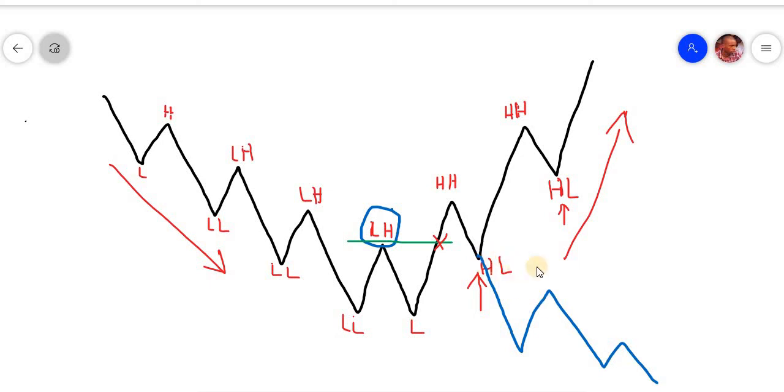So this is very important. If not, we begin to have things like this. It's very possible the downtrend will continue. Okay, that's what I mean. This is very important, and this is very important.